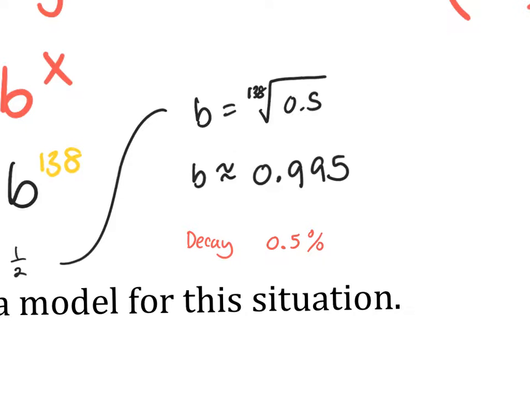Where did that number come from? If you take 100% and subtract the 99.5%. I moved the decimal over twice there to get the 99.5%. So it's 0.5% decay. How often is it happening? Well, remember what my units are. On the 138, it's a day. So it's 0.5% a day.